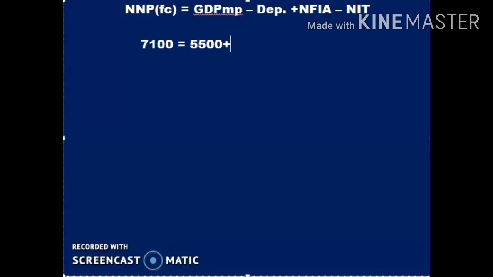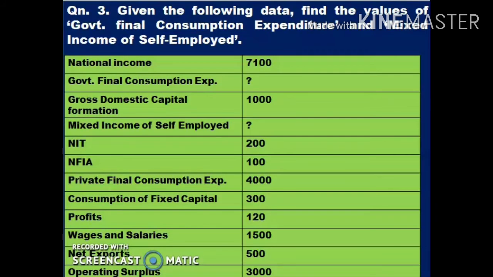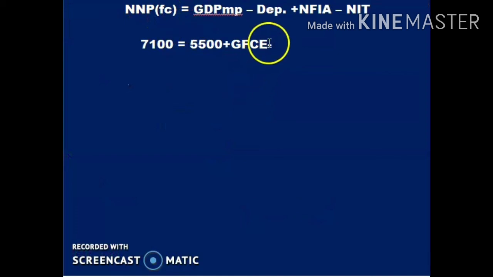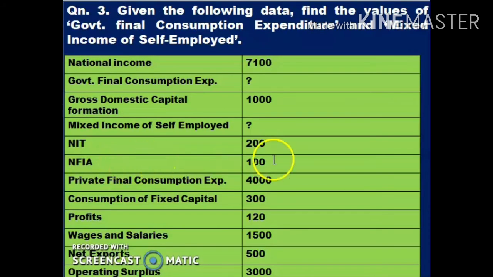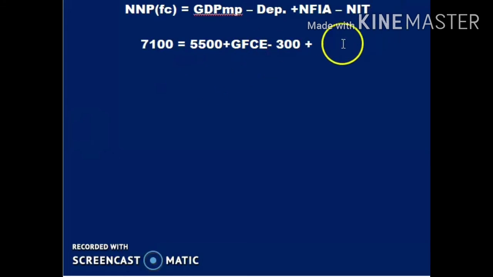Just write the same answer here, 5500 plus GFCE, then minus depreciation, that is consumption of fixed capital. It is given as 300, so write 300 here. Then plus NFIA. NFIA is 100, so plus 100. Then minus NIT.